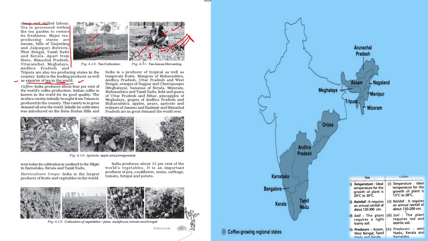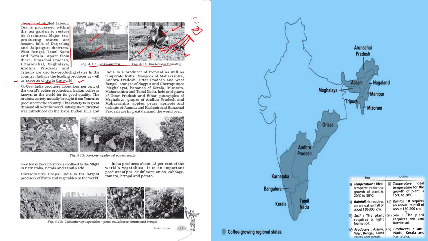That is why easy availability of cheap and skilled labor, especially women labor, is one of the priority prerequisites for the tea plantation. Secondly, this is one type of crop in which the processing of the raw material is done within the estates, so that the aroma or the freshness of the tea leaves can be maintained.